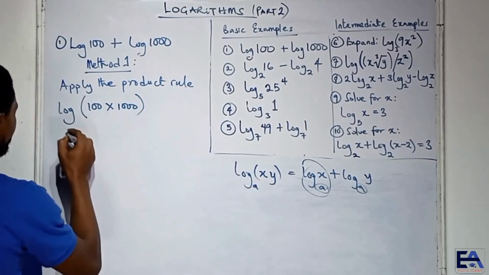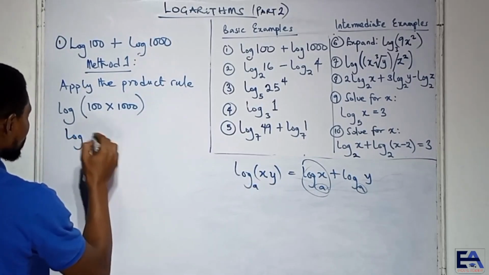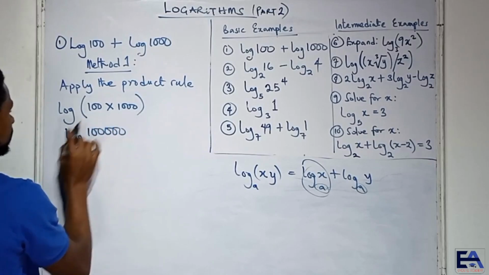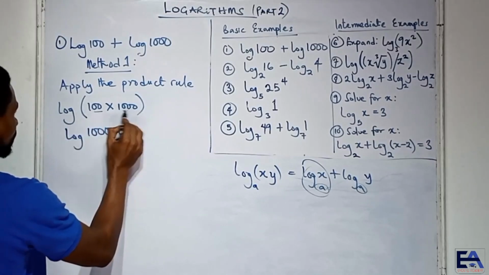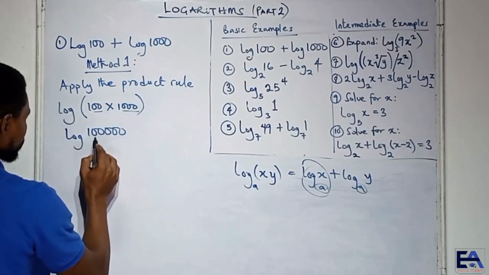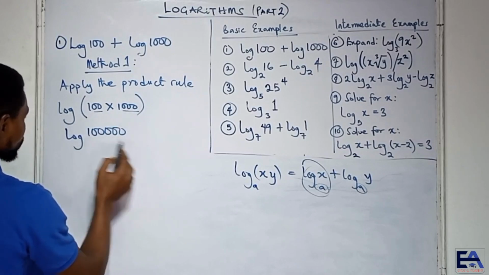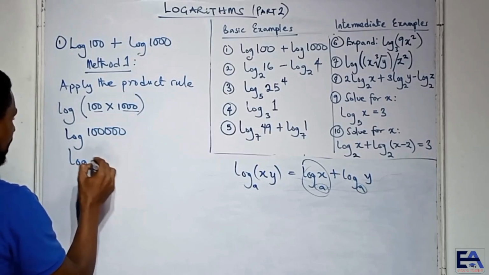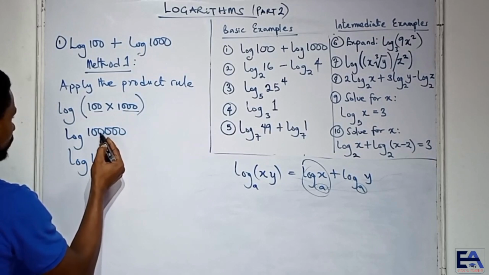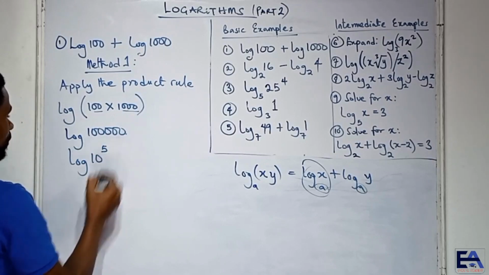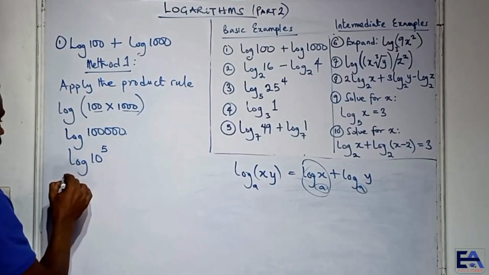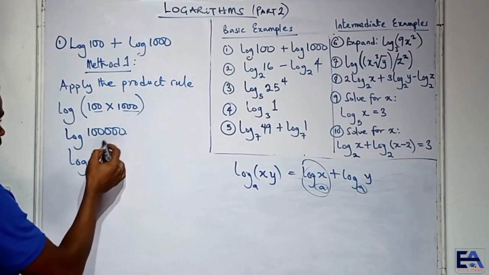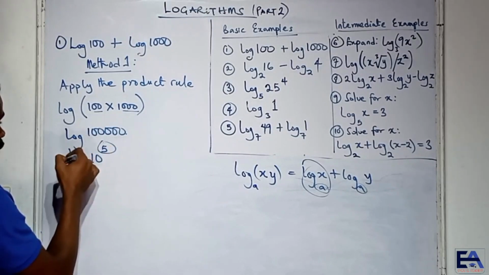So we are going to be having log of 100 multiplied by 1000, which is going to give us 100,000. Now 100,000 is the same thing as log 10 raised to power 5, counting 1, 2, 3, 4, 5. According to the power rule, the power will go and multiply the logarithm.